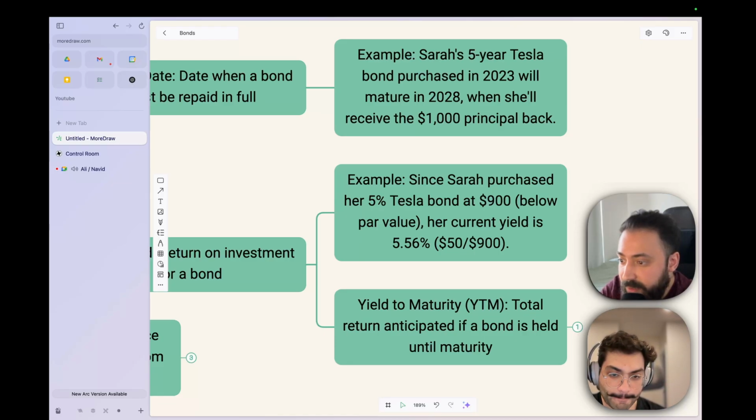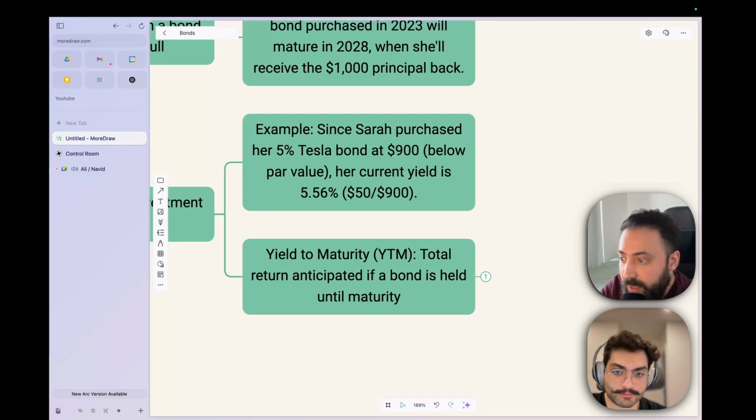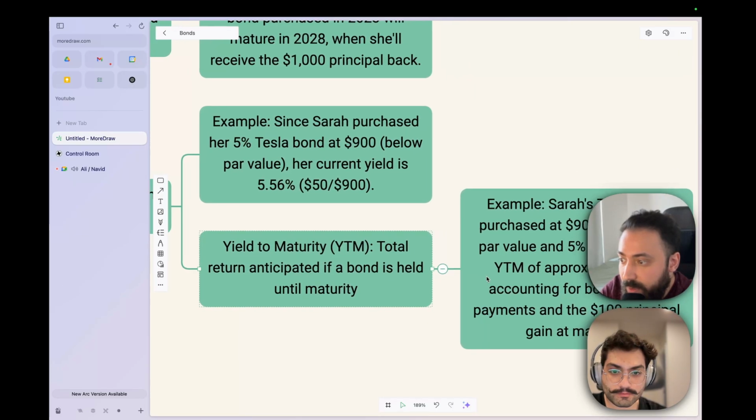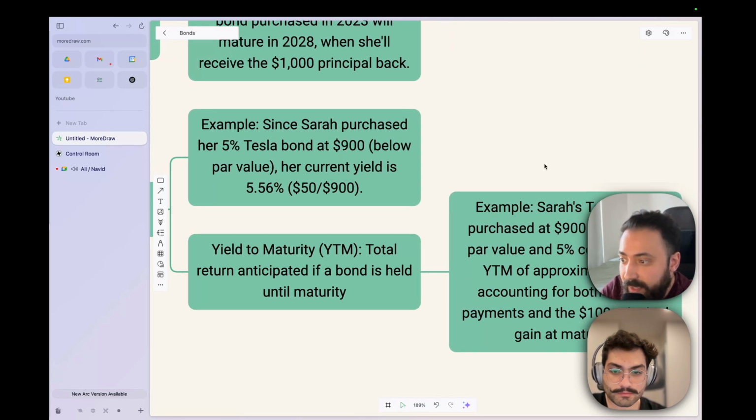And then we have yield to maturity, which is the total return anticipated if a bond is held until maturity. For example, Sarah's Tesla bond purchased at 900 with a 1,000 par value and 5% coupon has a yield to maturity of approximately 7%, accounting for both interest payments and the $100 principal gain at maturity.